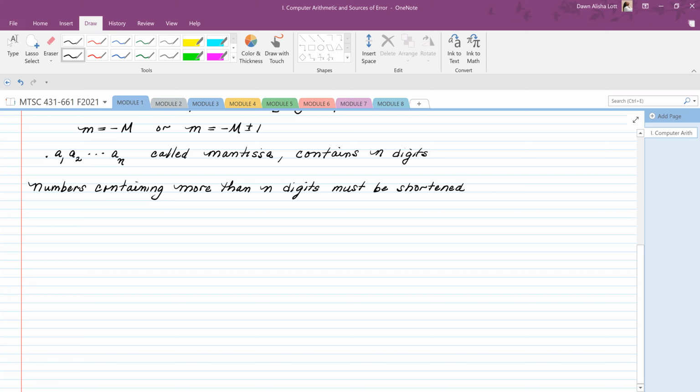Okay, so single precision floating number. So we have single precision, and we also have double precision.